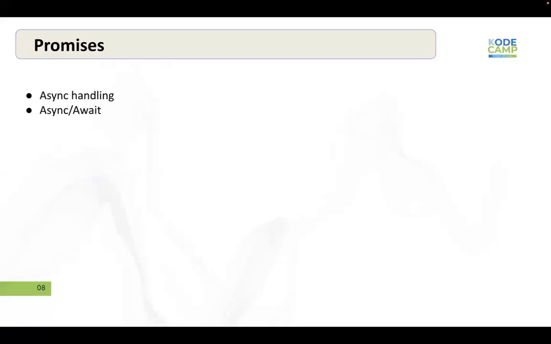So if you're just running a single thread instead of multi-thread, and you want to read a file from a disk, if it will take like 10 minutes, you have to wait for 10 minutes before any other thing will happen. So that's where promises come in. Asynchronous programming and asynchronous handling in JavaScript, that's where it comes in.